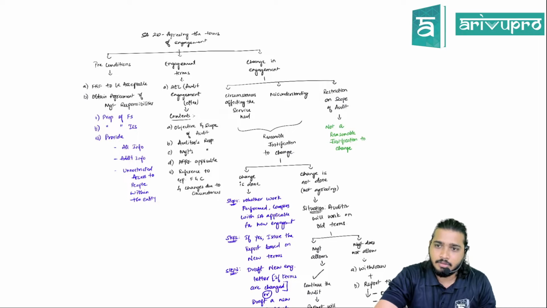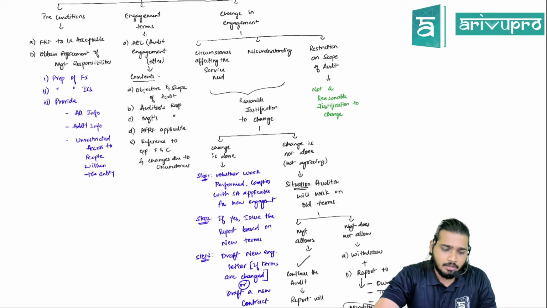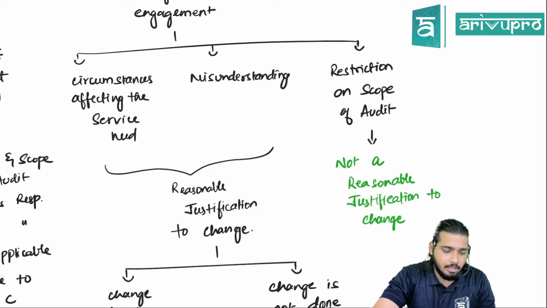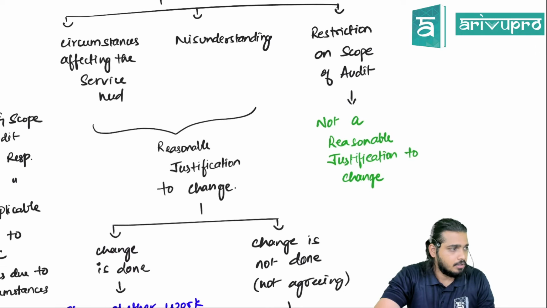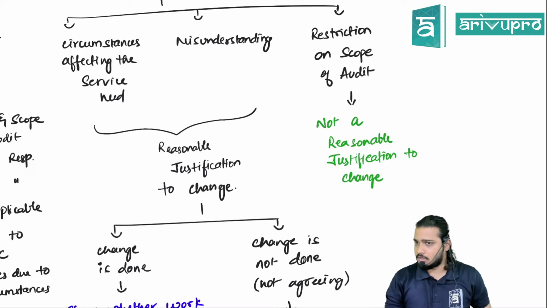What will you do with this now? This is last only. So you guys copy till here first. This entire chart should be good enough for your revision of SA 210, except for one concept called recurring audits.